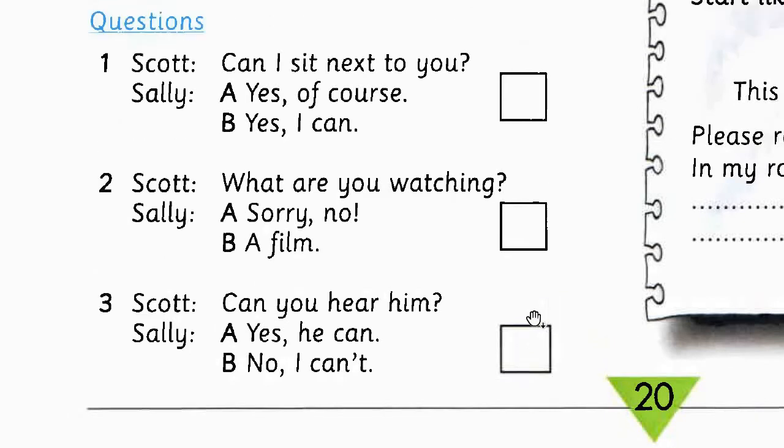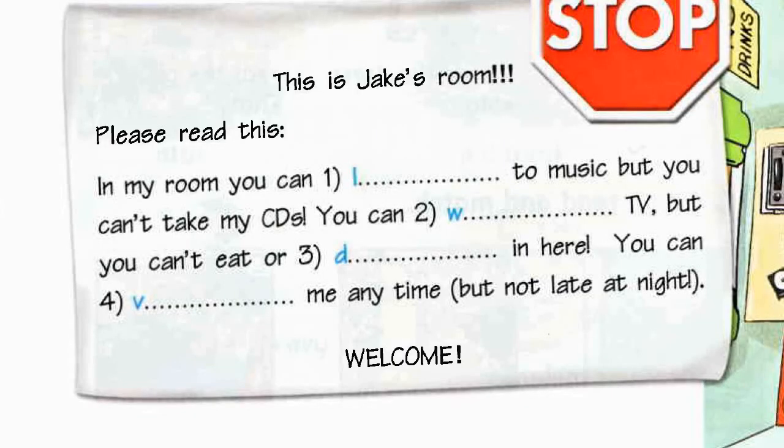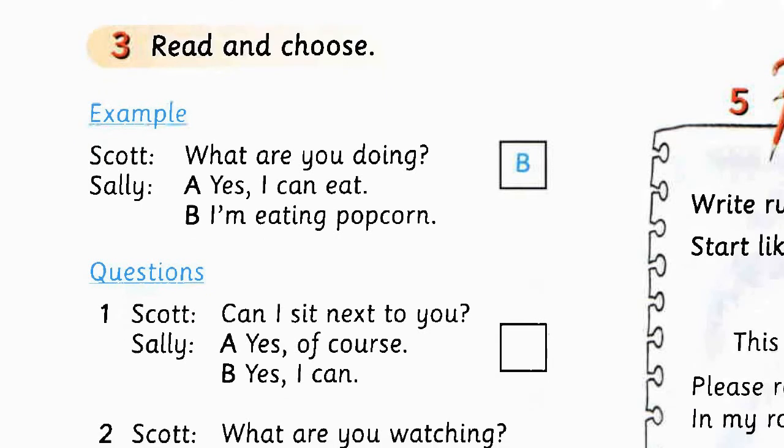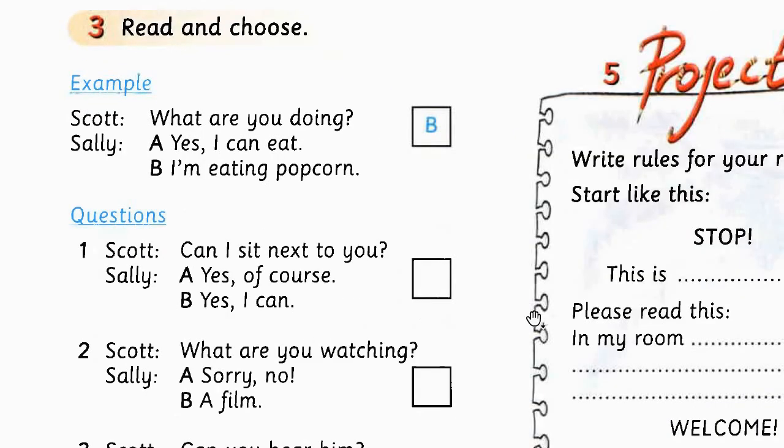Okay. Now, we have completed questions from 1 to 3, and I want you to go back to your notebook and pick up your pen. Write these dialogues with the correct answer in your notebook. Just write the correct answer. For number 1, you have to write, what are you doing? And then, I am eating popcorn.